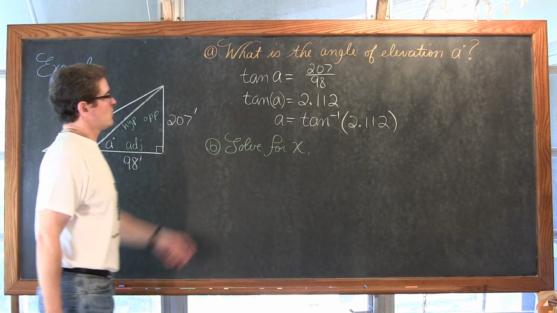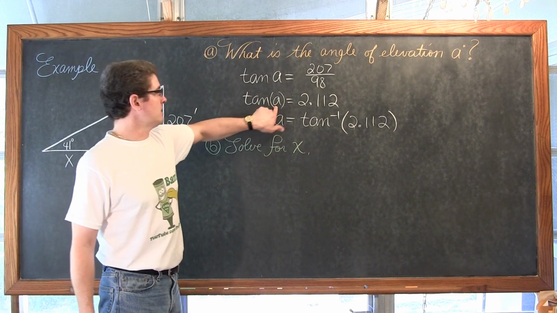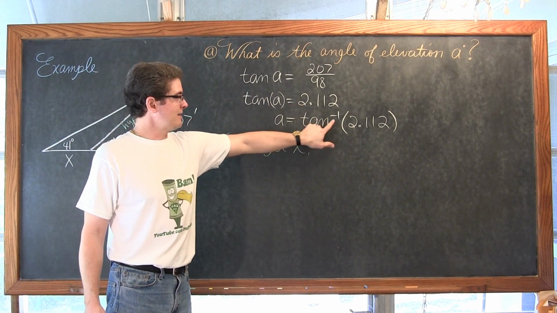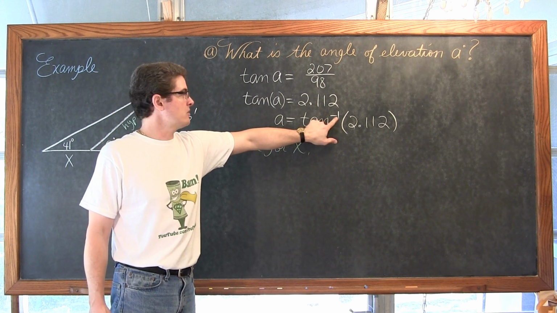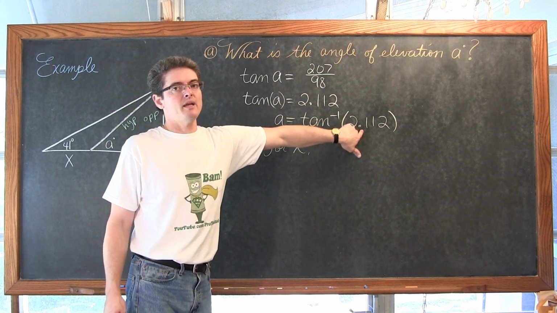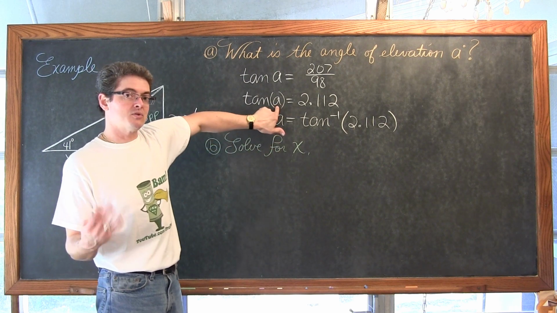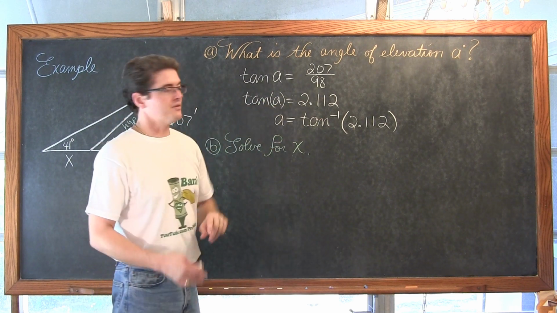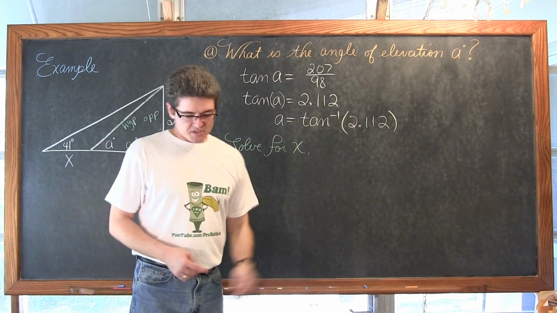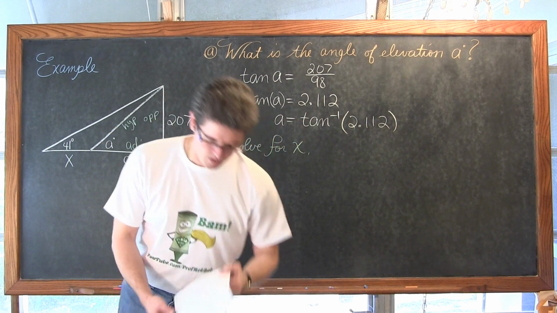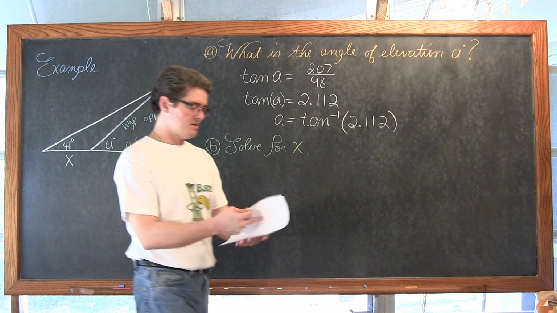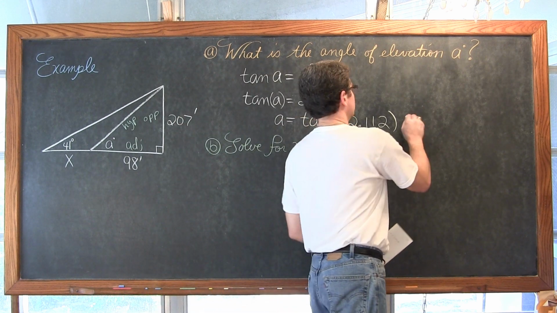Whereas with a regular trig function you put in an angle and get out the sides of a triangle, with an inverse trig function you put in the sides of the triangle and get out the angle measure as an answer. So the inverse tangent of 2.112 is 64.7 degrees, approximately.